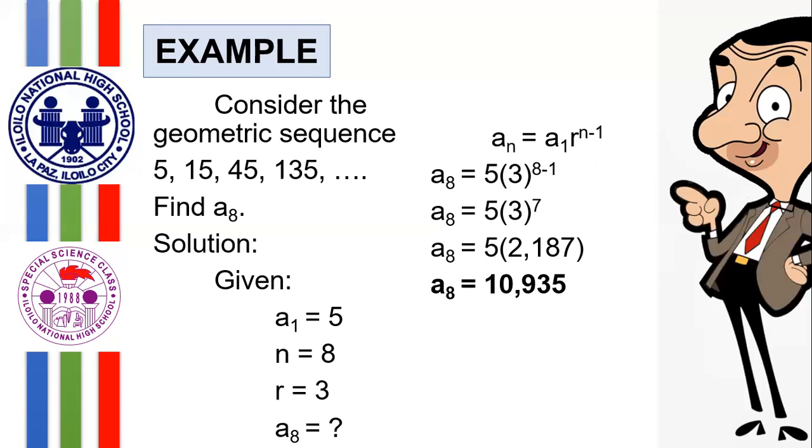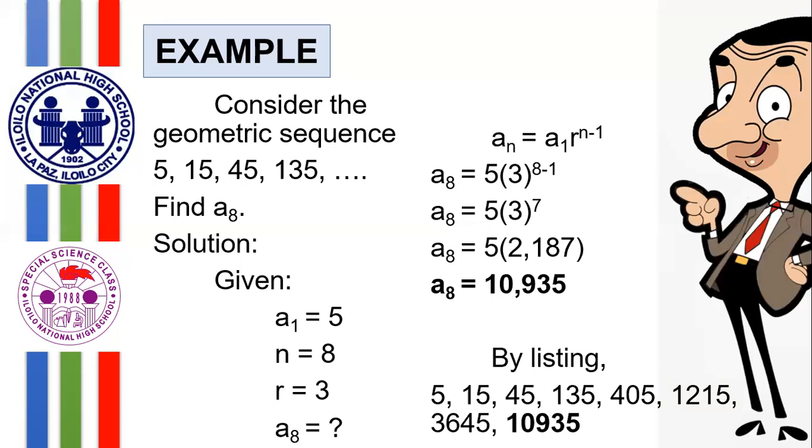But again, you might be skeptical. Sir, how sure are you that this is correct? The trick here is simple. Since 8 is just manageable and you could have your calculators with you, you could verify this with your calculators. We have listed them. So these are the 4 terms. Continuing the pattern, 135 times 3 is 405.